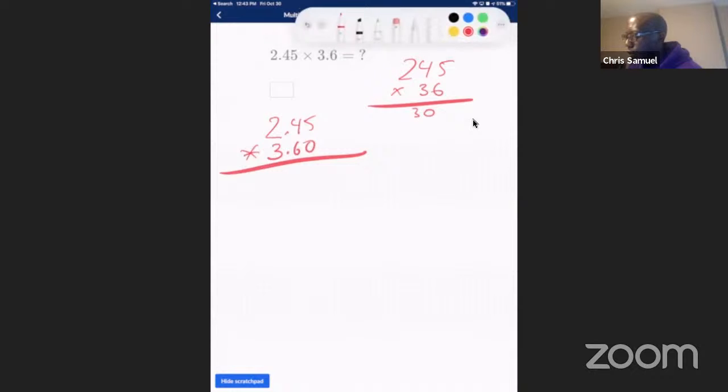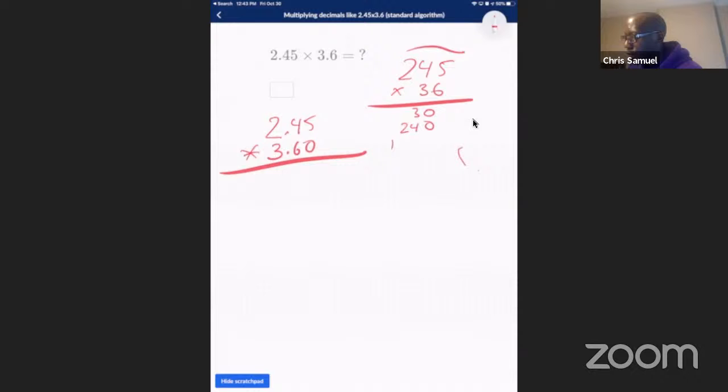6 times 40 is 240. 6 times 200 is 1200. And then we have 3 times 30. 30 times 5 would be 150. And we have 30 times 40 would be 1200. And then we have 30 times 200 is 600.